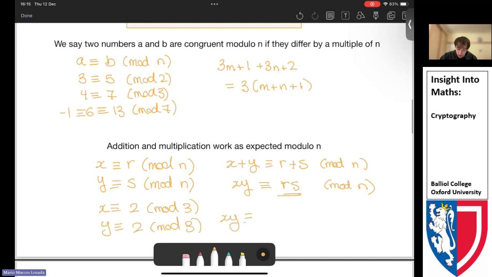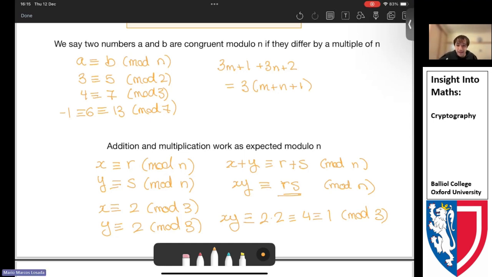Well, xy is going to be congruent to 2 times 2 mod 3, which is 4. But 4 is also congruent to 1 mod 3, right? So if we multiply two numbers which are 2 more than a multiple of 3, the outcome that we get is 1 more than a multiple of 3, right? So for r and s, you can multiply them normally and then reduce them mod 3 again. Hopefully that makes sense. Okay, cool.